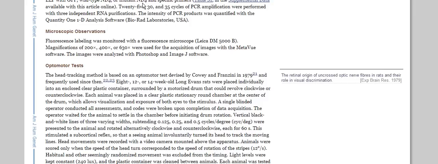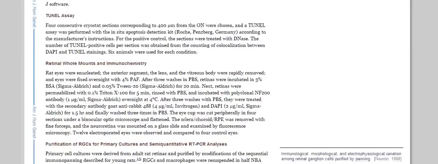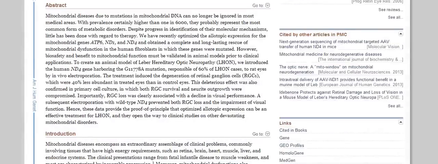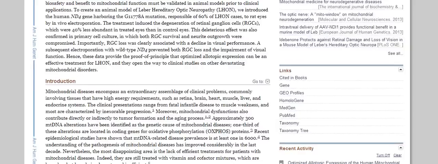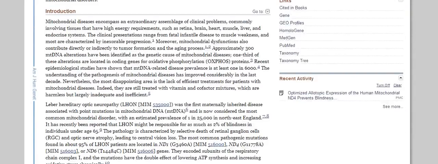They took the ND4 gene, and the deficiency in ND4 causes a disease called Leber's optic neuropathy or something like that. It's one of the most common mitochondrial mutations where people have been wanting to do this gene therapy.